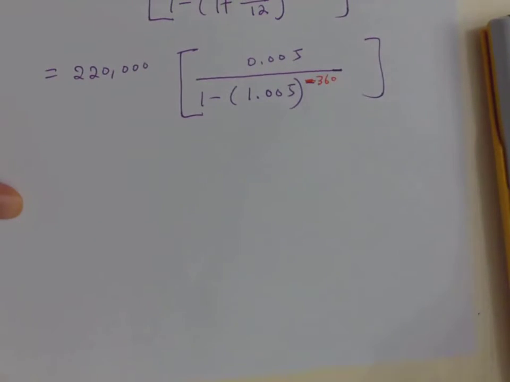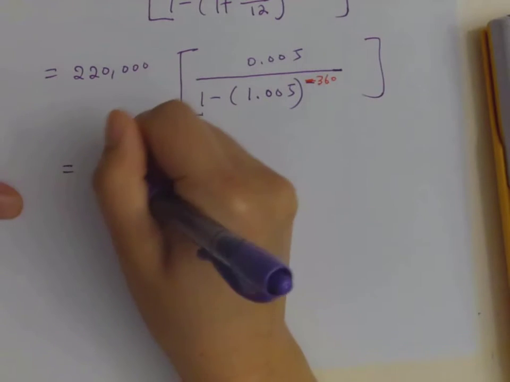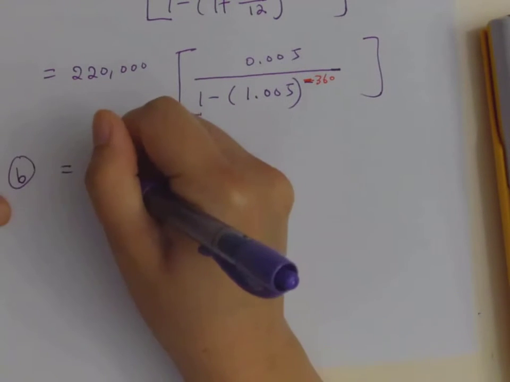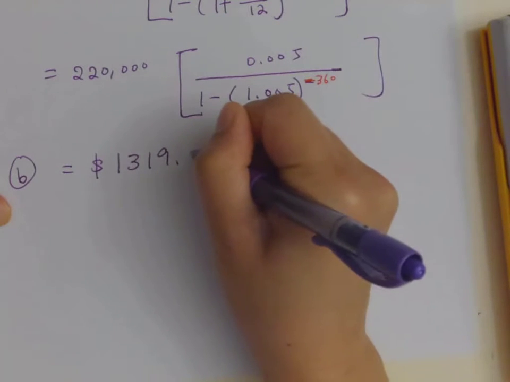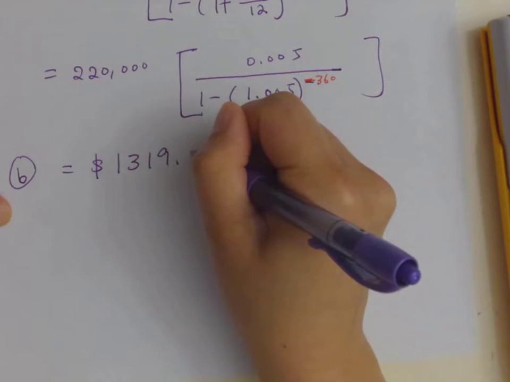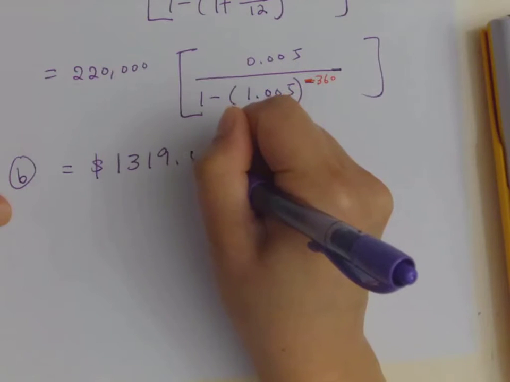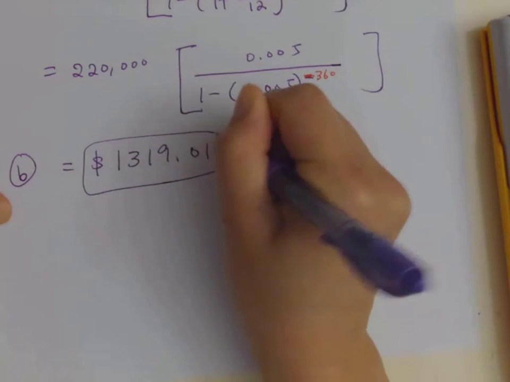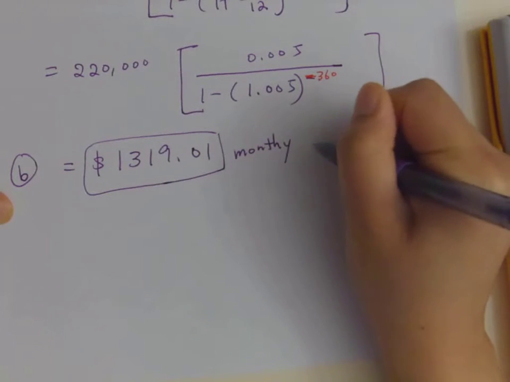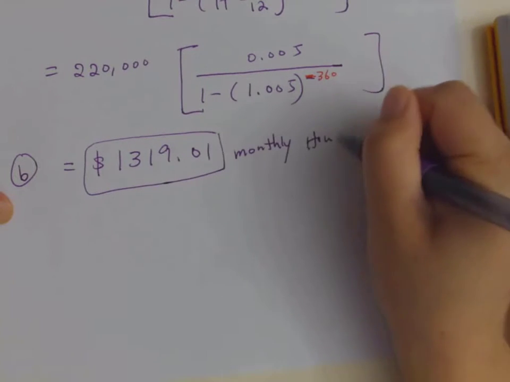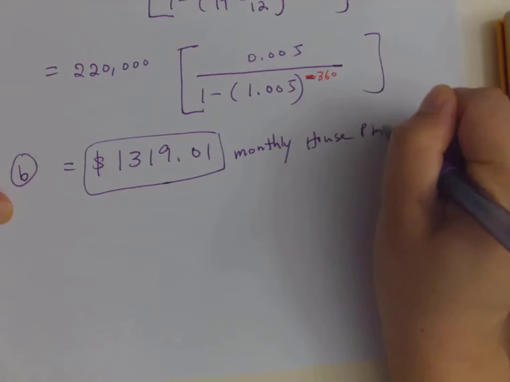Anytime you need to pause the video, please feel free to do it. So for part B, you're going to need to pay $1,319.01. Getting a little bit tired, sorry guys. Monthly house payments.